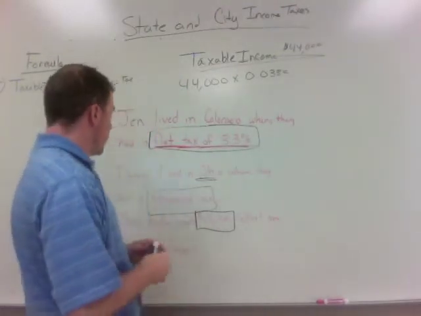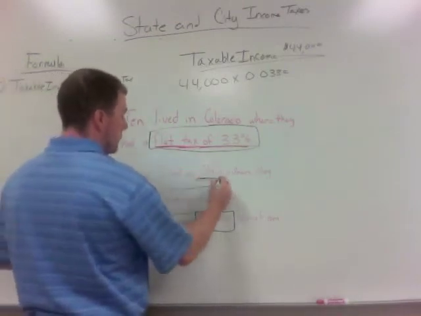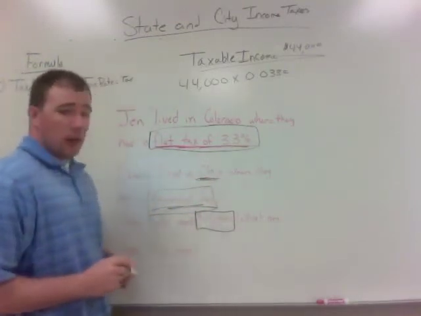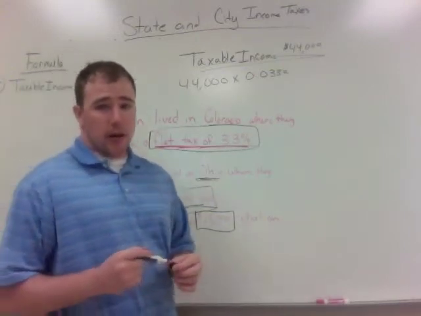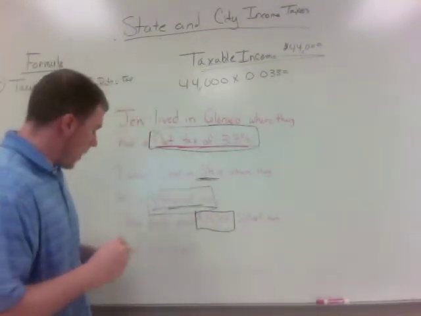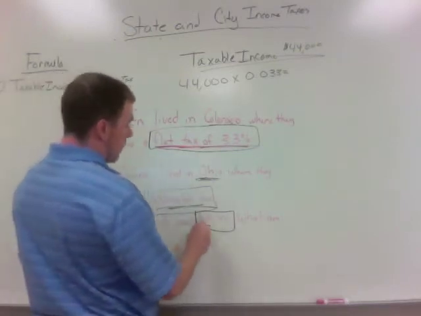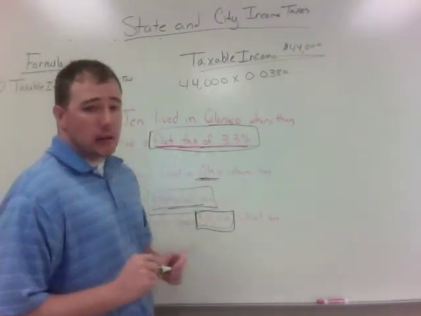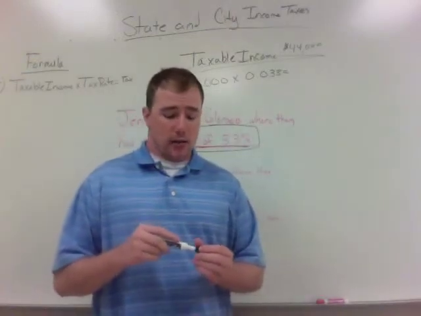Danny lived in Ohio, where they had a graduated tax rate. At the bottom, it says they both had a taxable income of $44,000. Now, what are their state taxes?